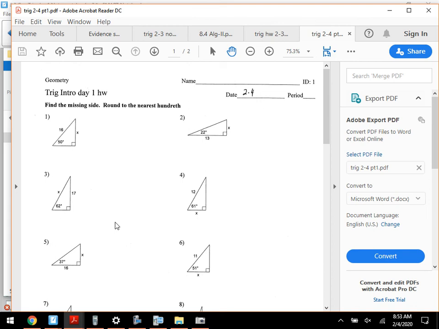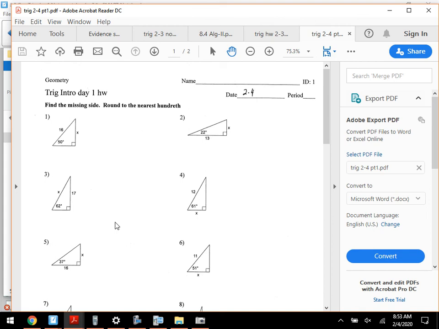I'm always going to say round to the nearest hundredth. The nearest hundredth is how many decimals? 2. Okay. So we're adding one last step to this work through, and that's going to be press buttons.